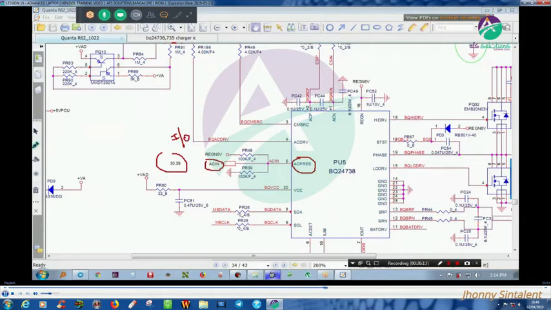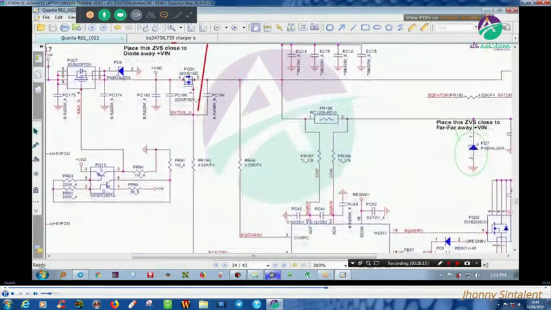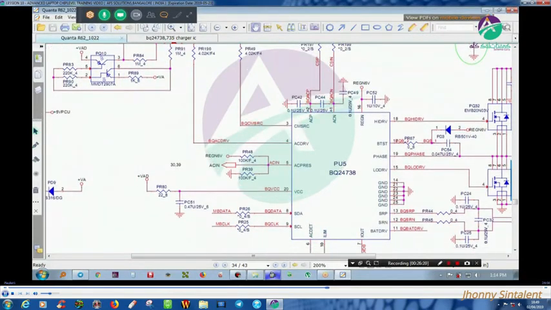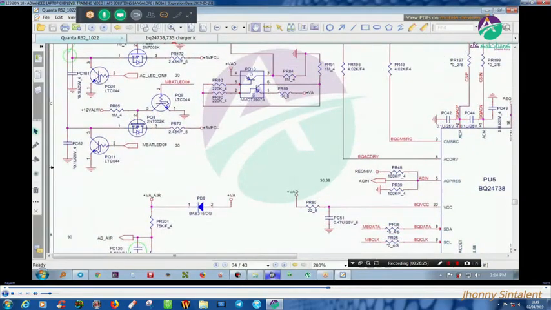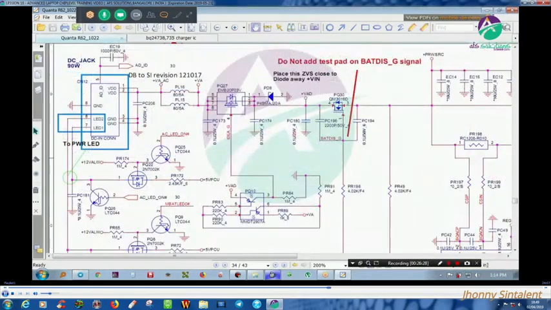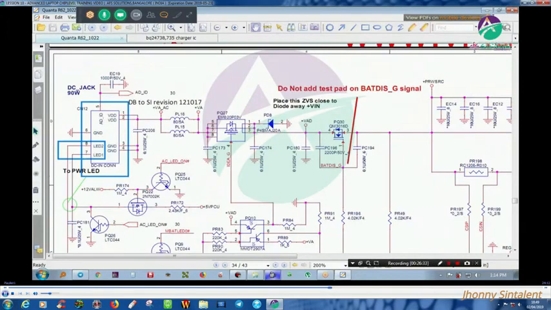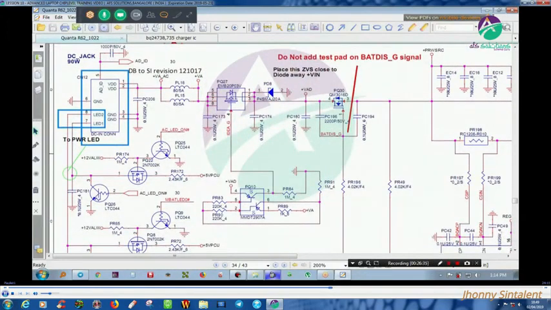When the AC present information is given to the IO controller, AC LED on will be released from the IO controller.